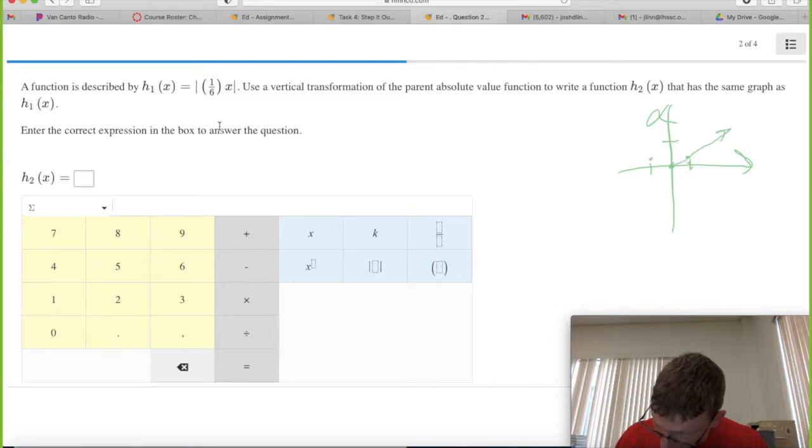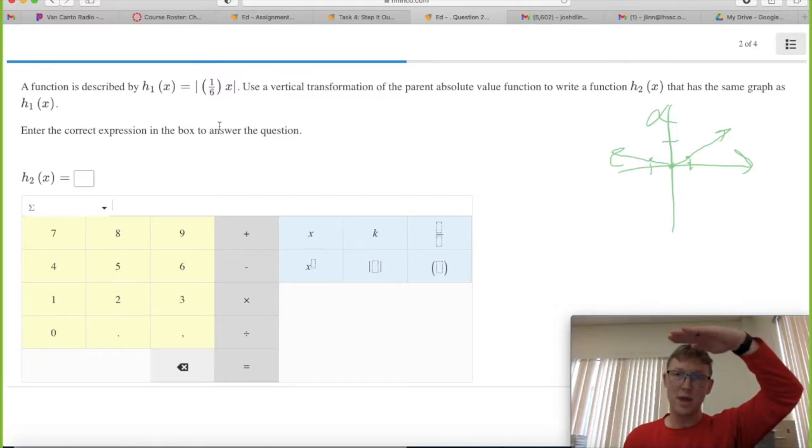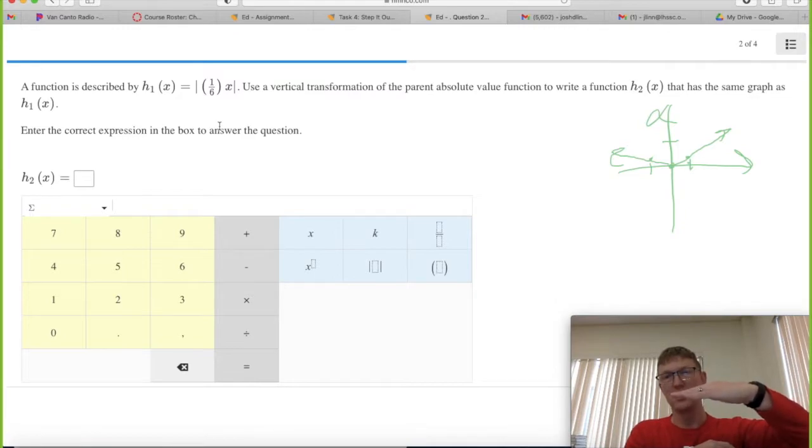So it's going to be a really flat graph. So that is a horizontal stretch. Well, we could also do the same thing by squishing the absolute value function vertically.